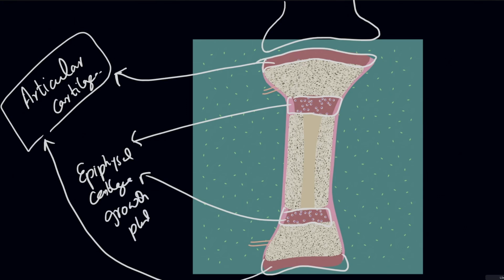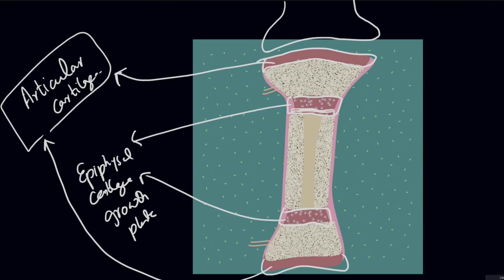What is the significance of them? Again, it's a whole different topic that I won't go into in this lecture, but the benefit of this epiphyseal cartilage is that it will proliferate, it will increase in size, and it will gradually be replaced by the bone, right?